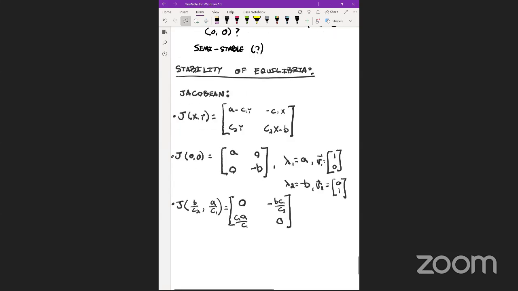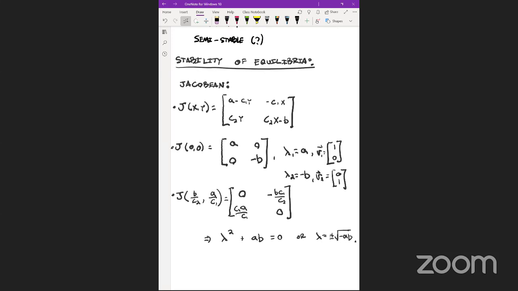And okay, quickly, this implies lambda squared plus AB equals 0, or lambda equals plus or minus square root of minus AB.